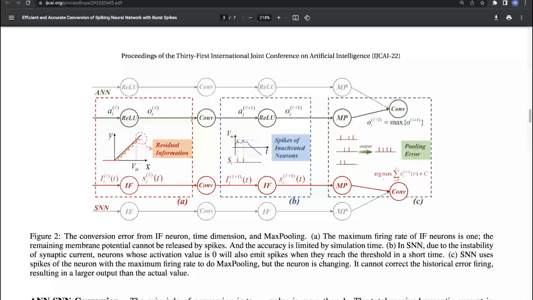The residual information problem can be effectively solved by using burst spikes, and exact max pooling can be achieved in the converted SNN using lead pooling. Experiments show that the spikes of inactivated neurons problem has a small impact on the performance of the classification tasks.